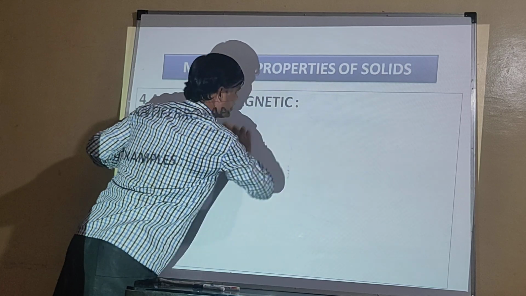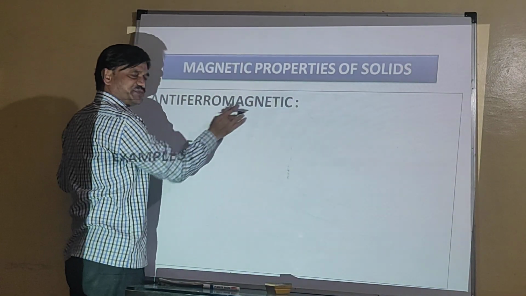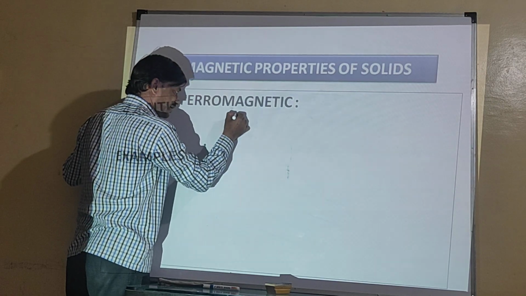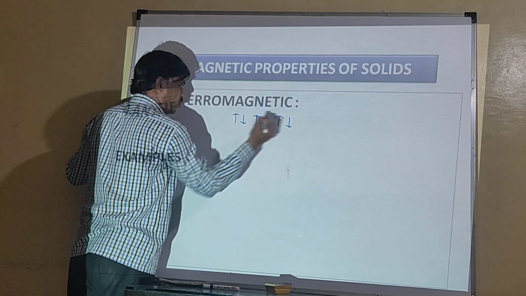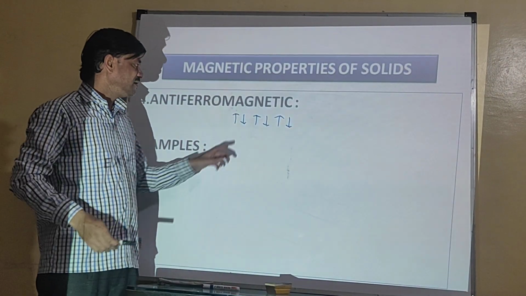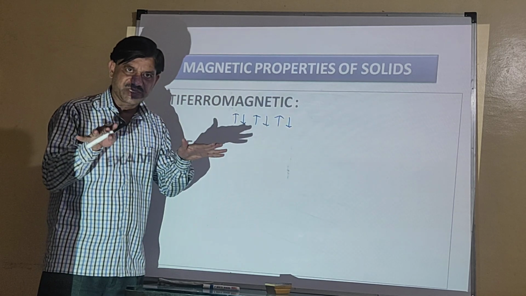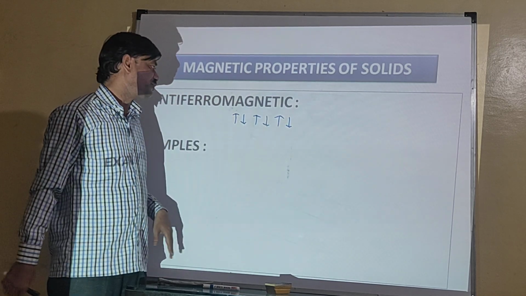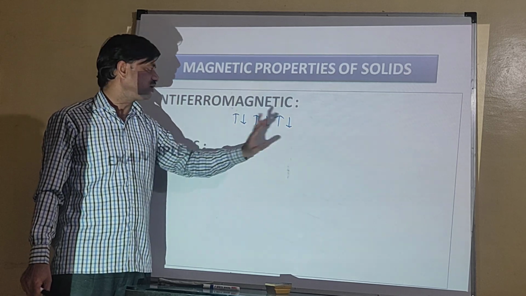Check the next one. Antiferromagnetism. What does anti indicate? Opposite. So remember, in this case, the species under study has magnetic moments aligned in this form. What does this indicate? Magnetic moments of the electrons are arranged equally, that is, equally distributed in opposite directions. Upward, downward, upward, downward, upward, downward.